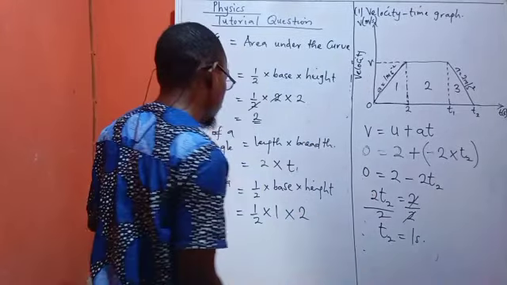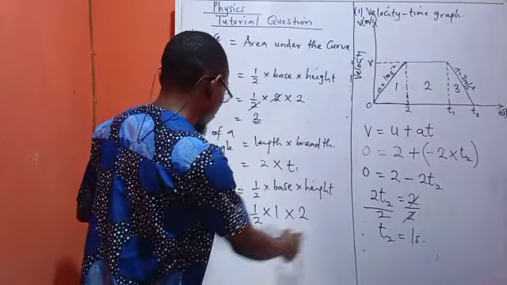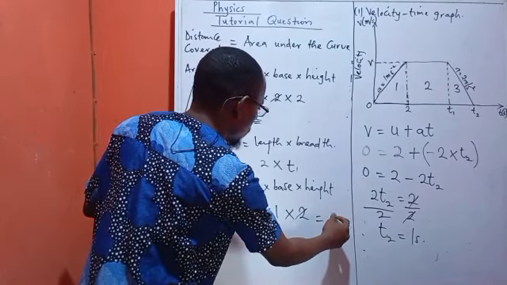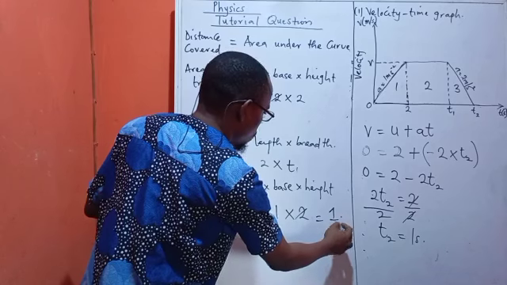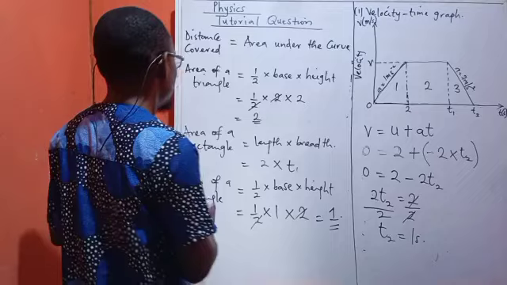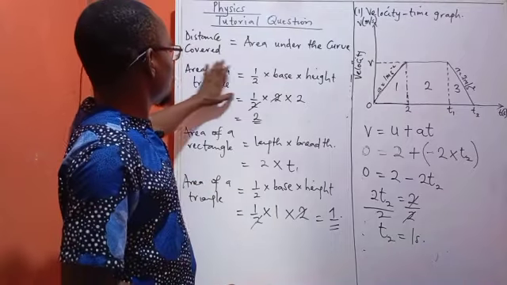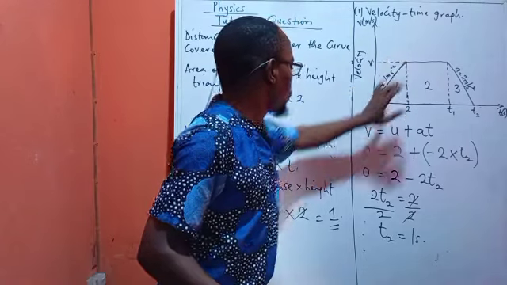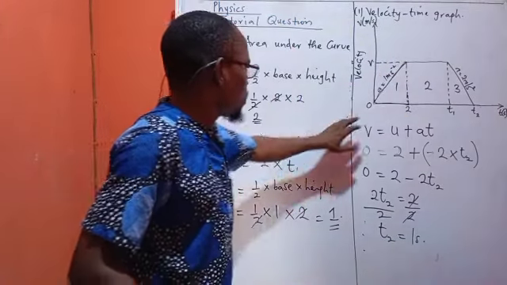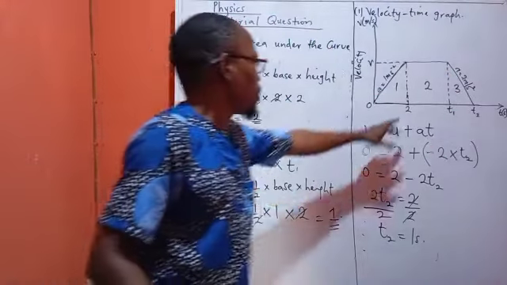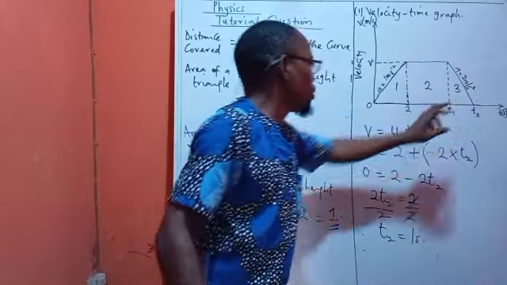So with this, we divide, and we'll be having 1 as our answer here. So we've already known the distance covered for this portion, and we have the distance covered for this shape.